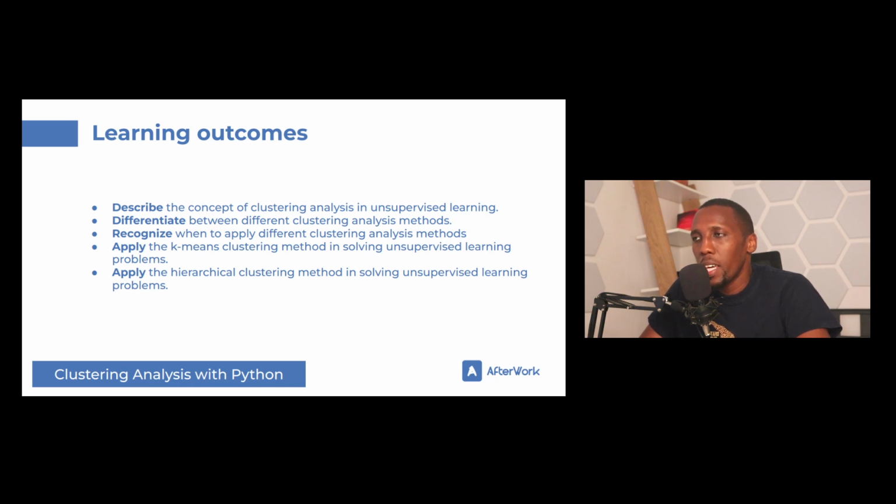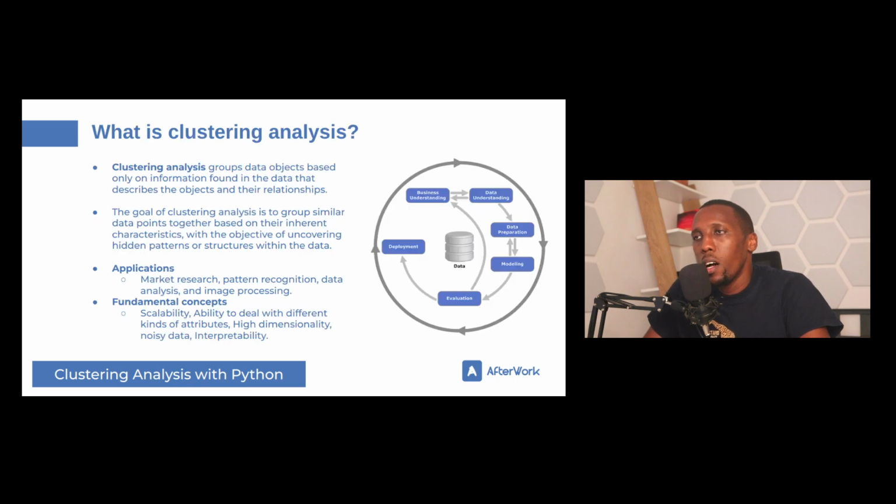So in the case of k-means as well as hierarchical, no training will be involved. We'll be using these two types of methods to classify or assign points to different categories. And that is what clustering analysis entails, which we'll learn in a few. So those are the learning outcomes you should be expected to have achieved by the end of today.